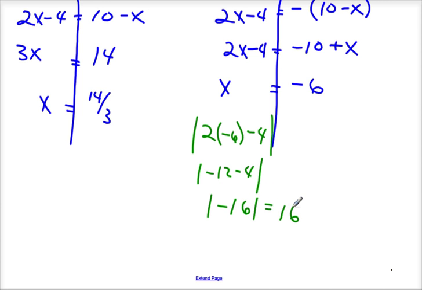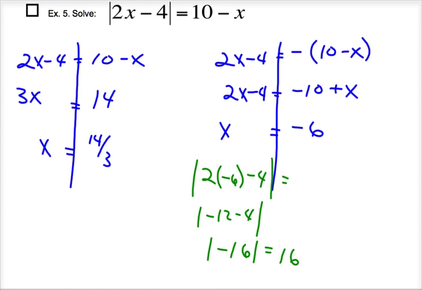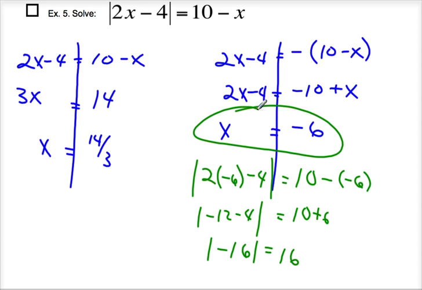Now, is that what I get on the right-hand side when I plug it in? The initial was 10 minus x, so it'd be 10 minus negative 6, which turns into 10 plus 6, which is in fact 16. So this one checks. That one works out nicely.